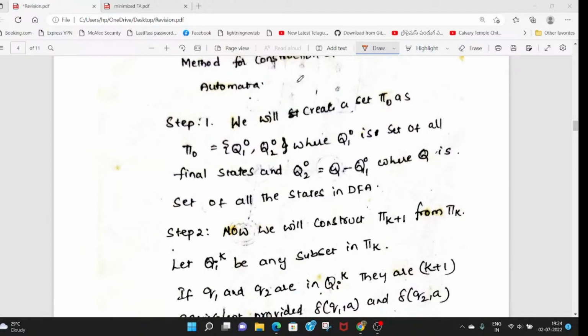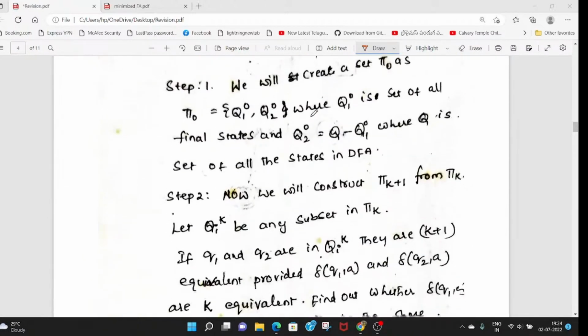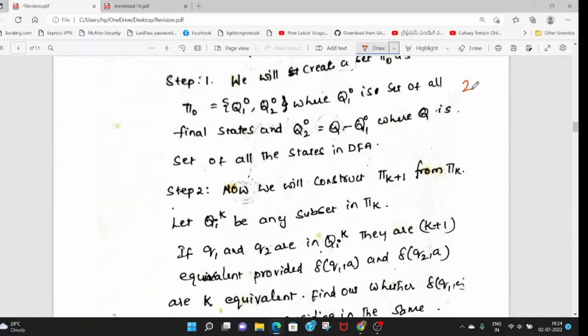So you can divide the given set of states into two different sets, one with all the final states and another with all the non-final states.